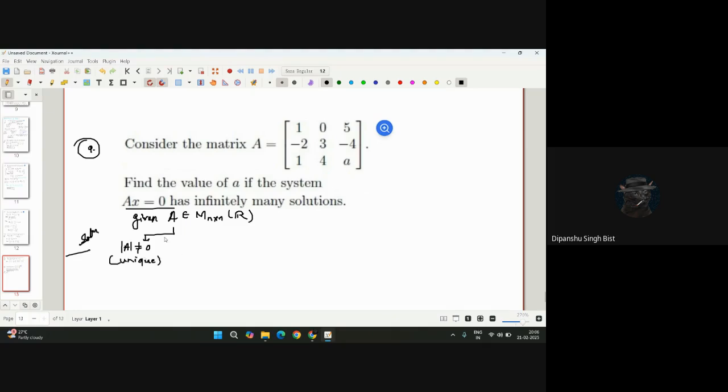And if determinant of A is equal to 0, then we have infinitely many solutions.